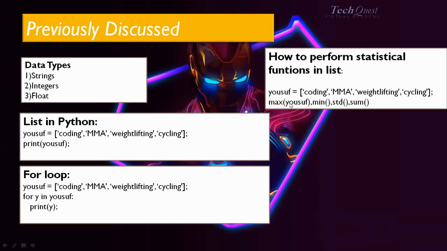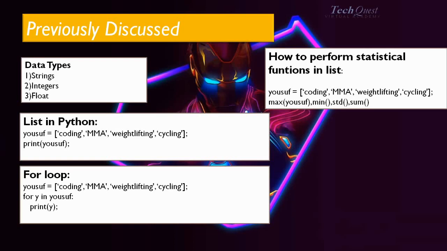And the great thing is that you can also perform the maximum function on string values, not only on numbers. It is easy to perform on numbers, and it is also easy to perform on strings. On numbers, the maximum function will check what is the greatest number in the list.